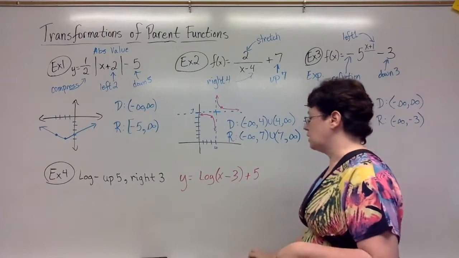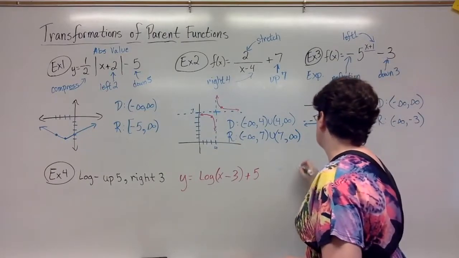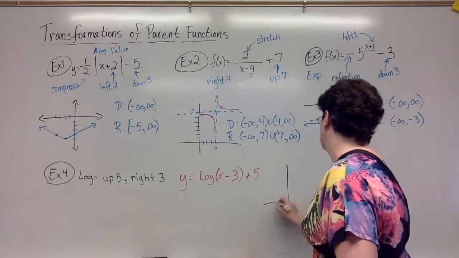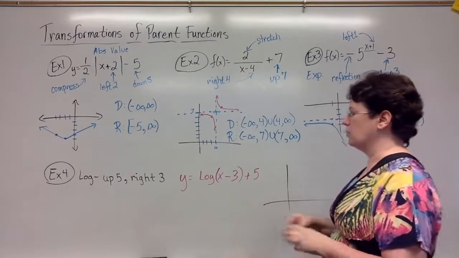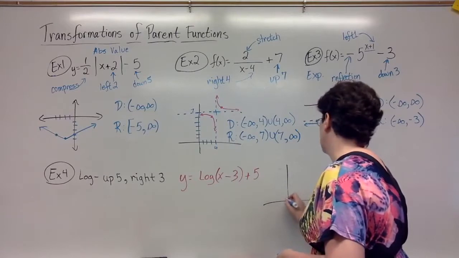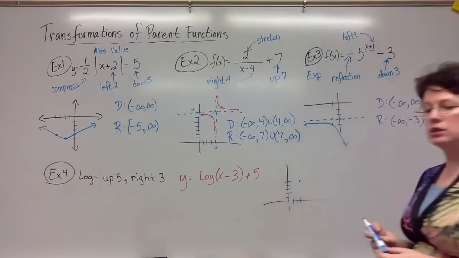So now let's put that on a graph so we know what it looks like. Log is very, very similar to exponentials, okay? So we're going to move right 3, 1, 2, 3, and up 5, 1, 2, 3, 4, 5. Okay, so we got a little dot there.